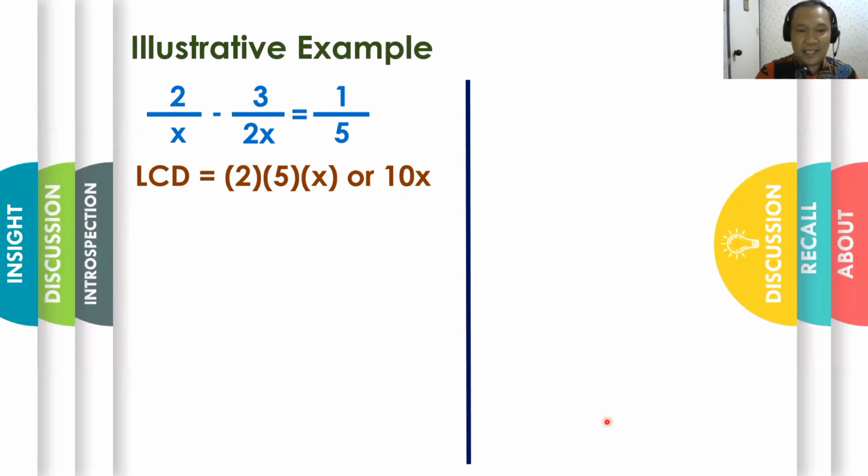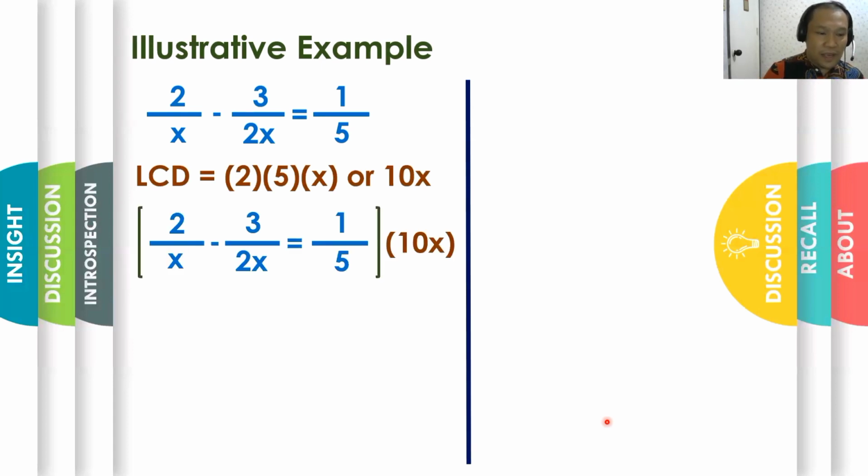After knowing the LCD of the given rational equation, we have to multiply both sides of the equation by our LCD. And that will be 2 over x minus 3 over 2x is equal to 1 over 5. Multiply both sides by 10x. Okay, 10x divided by x is 10 multiplied by 2.